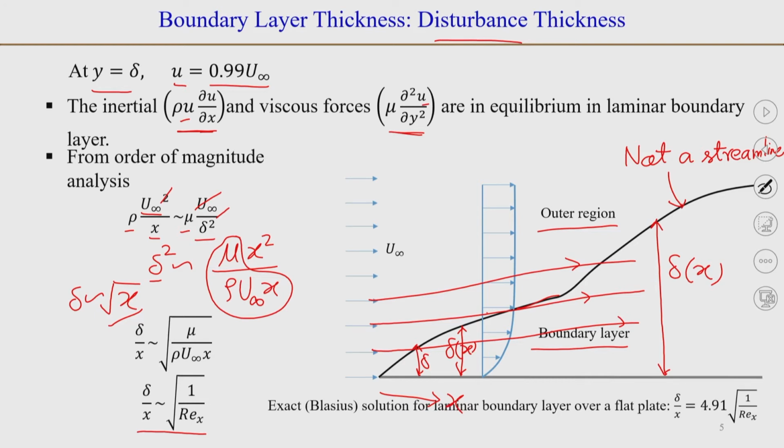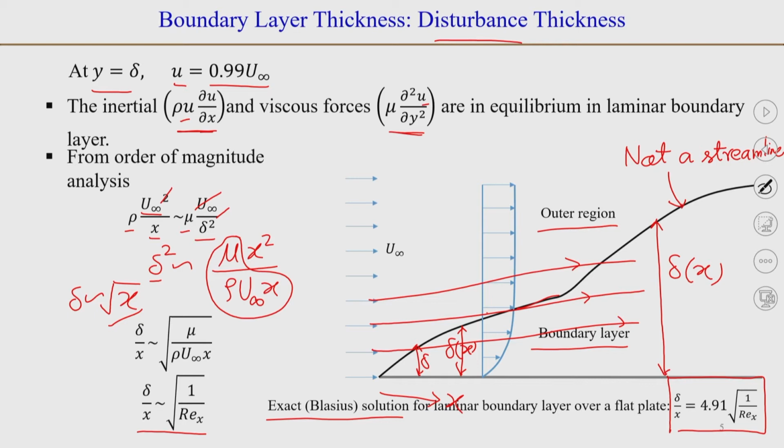And the exact solution for the boundary layer was derived by Blasius, and the expression that he got was delta by x is equal to 4.91 into 1 over root of Re_x, or this 4.91 generally is taken as 5. So, delta by x is equal to 5 divided by root Re_x.